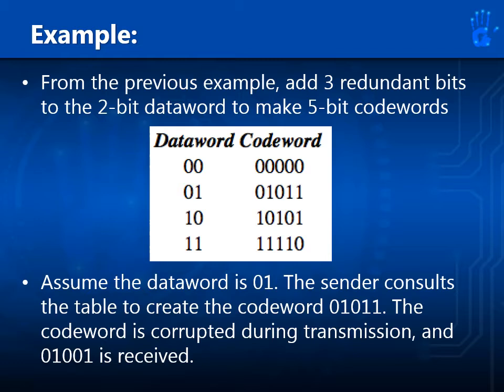When both of the bits of the data word change, it goes 10011. The receiver would receive this message and check if it matches any of the code words. As you can see, it doesn't match any of the code words, so it will also judge this to be an error message.